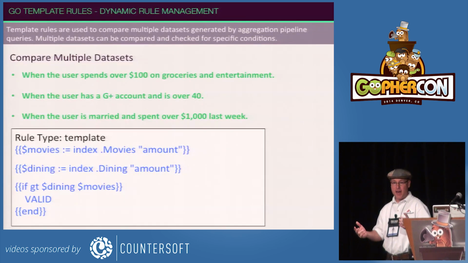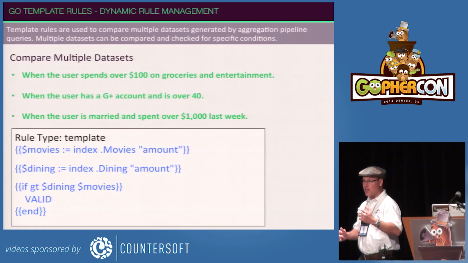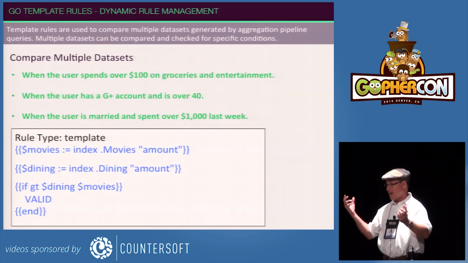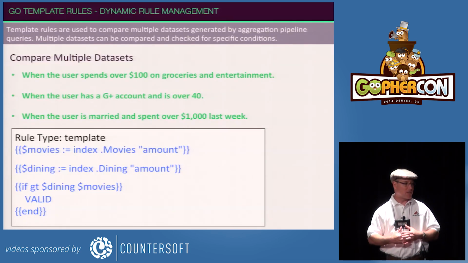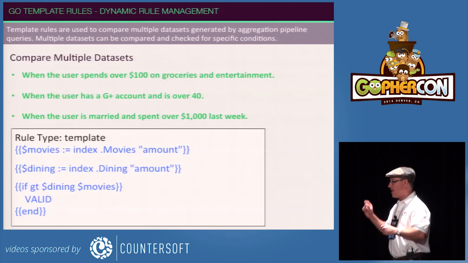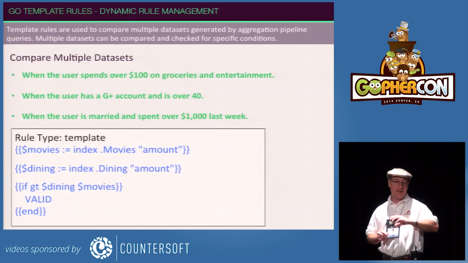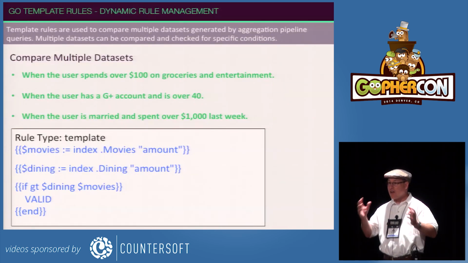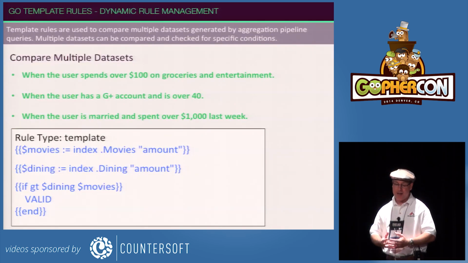So I needed a way to be able to run an aggregation or some rules against one collection of data and run it on another collection of data and then compare those results together. In Mongo 2.6 now, when you run data through the aggregation pipeline, you can save it to another collection, which is great because all of the rules can then stay inside of Mongo.